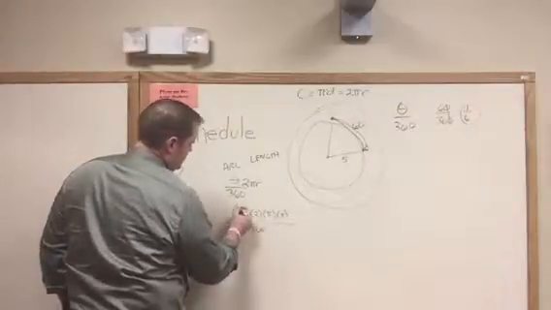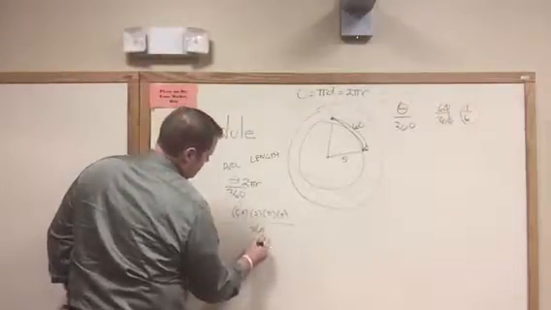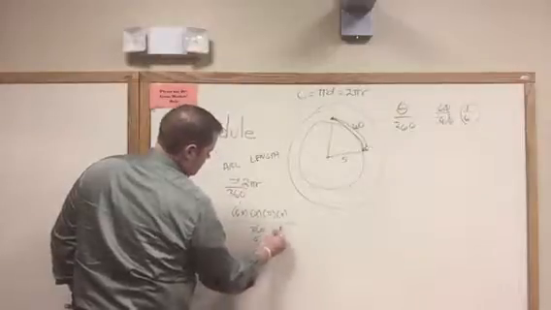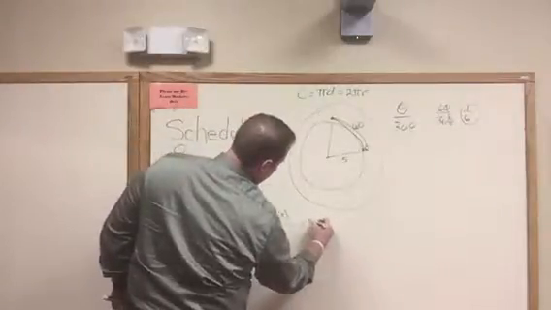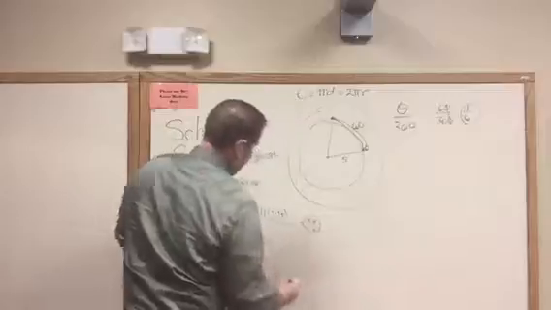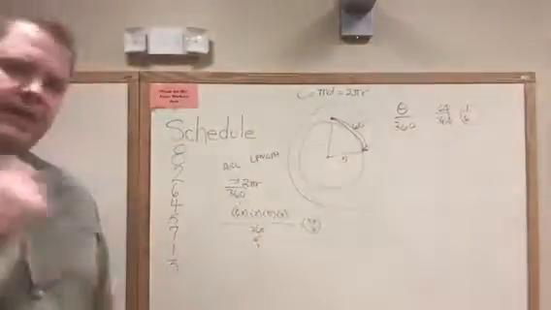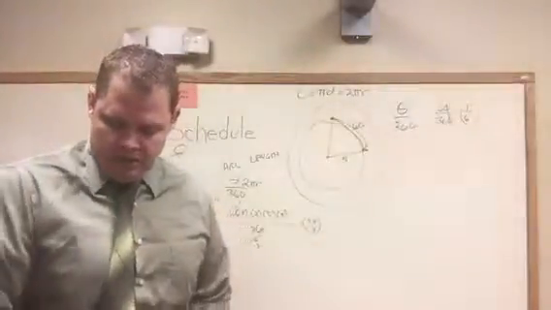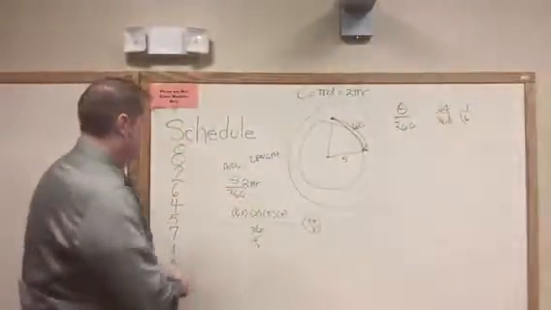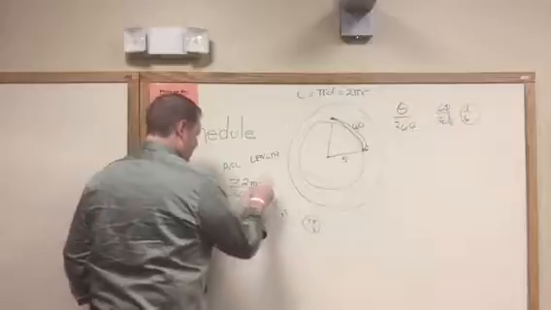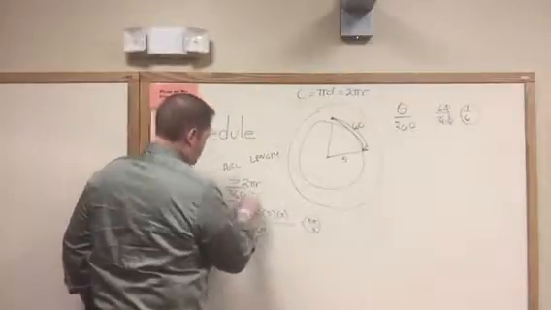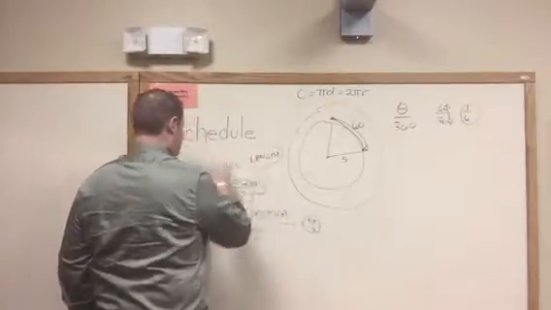Now I can reduce. So I'm going to be left with 5 pi over 3. Do not have to work out pi. You just simply have to get it to a pi form. So when the problem says I want arc length, you use this equation right here.